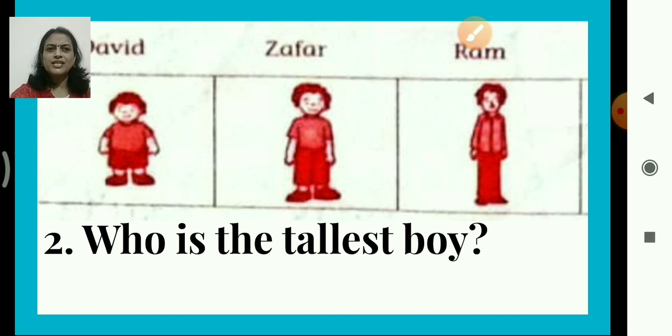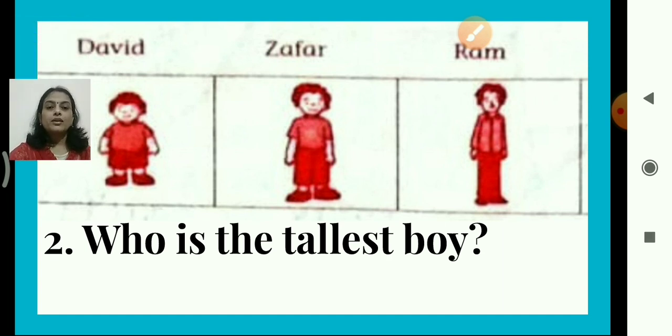Again the same three boys, David, Zafar and Ram, you can see. Now the question is, who is the tallest boy? Now again you can see three boys are there, isn't it? So who is the tallest one? The word is tall and EST is added there, right?